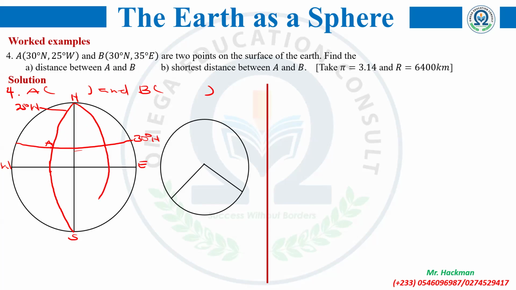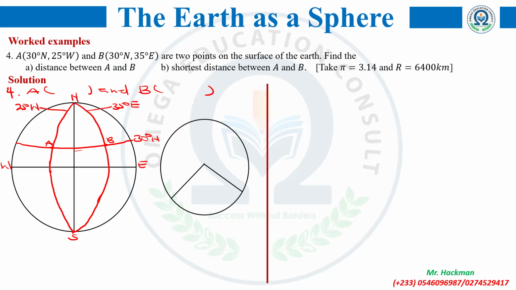Though you are not drawing to scale, it should still make sense. So this is your 35 degrees east. At this point where these two meet, that's where your point B will be. All correct, my professors? Yes, please. Okay, very good.